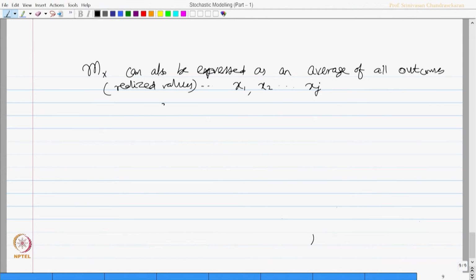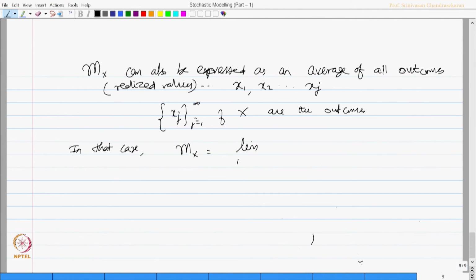Therefore, we can say the vector xj, j equals 1 to infinity of x or the outcome. In that case, the mean value is simply the limit n tends to infinity of 1 by n times the summation of j equals 1 to n xj, which is a classical equation for finding the mean of a given data.